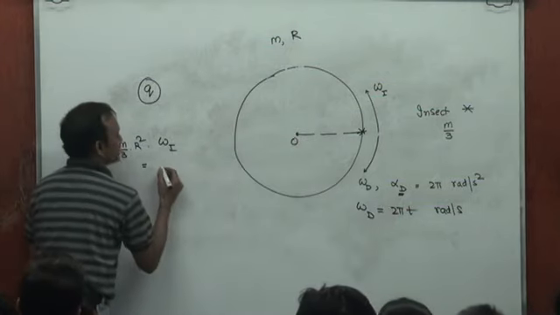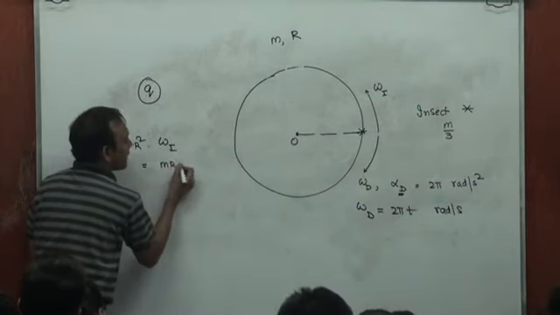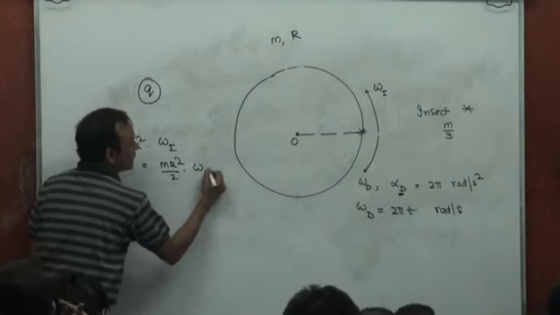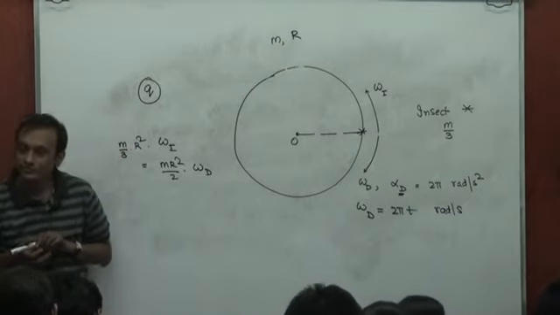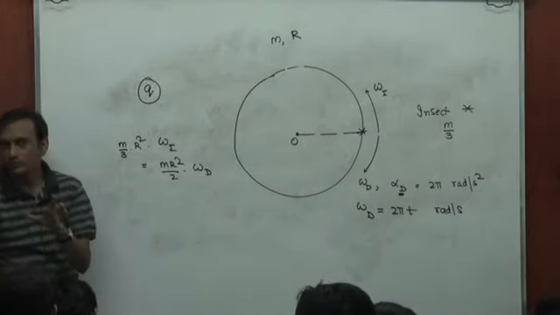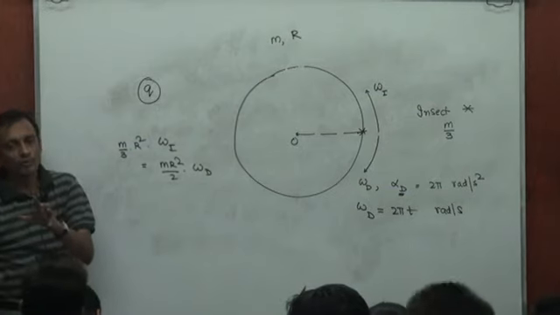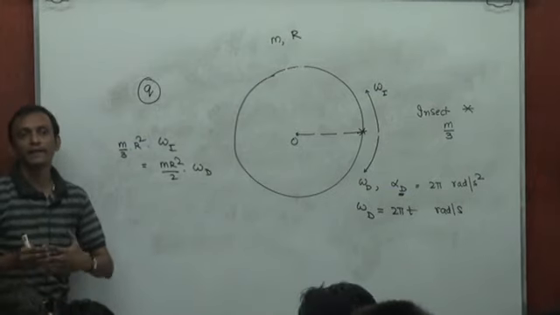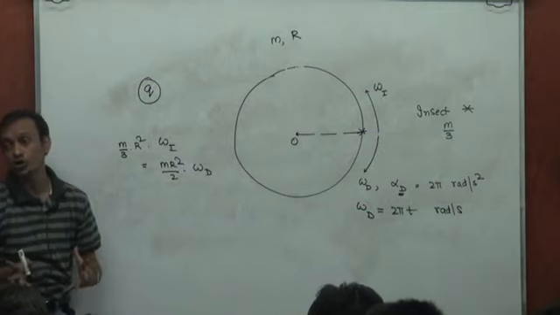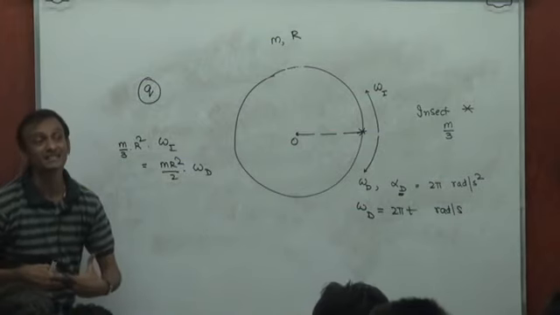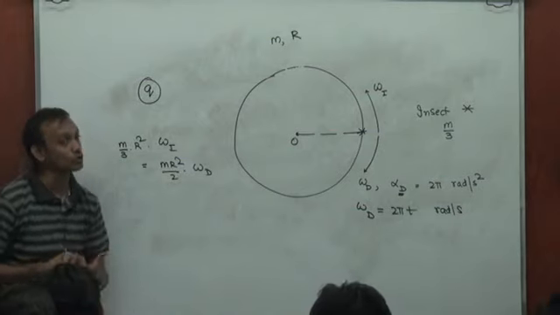I about O for the disk is going to be m r squared by 2 into omega of the disk. Yes or no? So the two angular momenta are opposite and of the same magnitude, and therefore the net angular momentum about O for the insect plus disk remains 0 instant to instant.